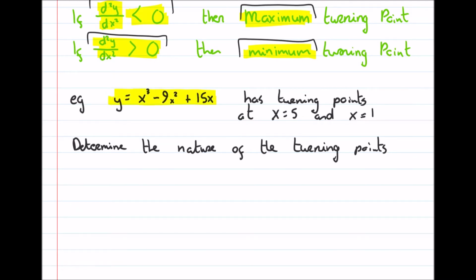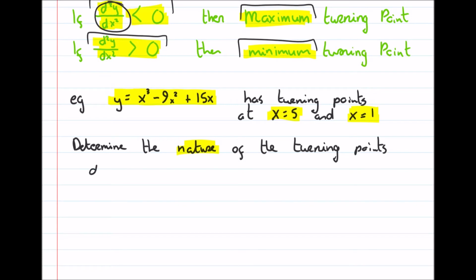They're telling us its turning points are at x equals 5 and at x equals 1. So they're telling us already, but they want us to find the nature of these turning points. They want us to find out which one is maximum and which one is minimum. Well, we have to differentiate it twice.